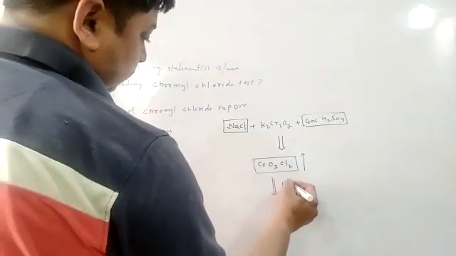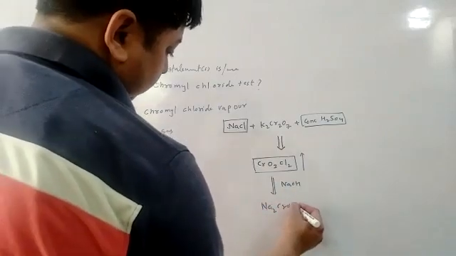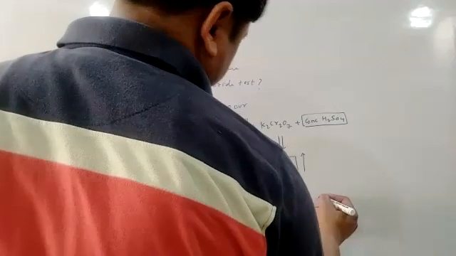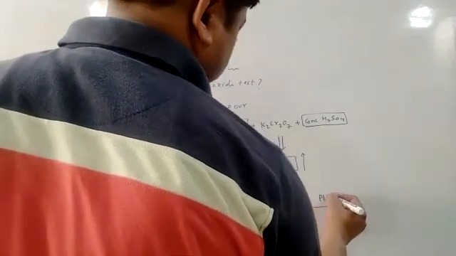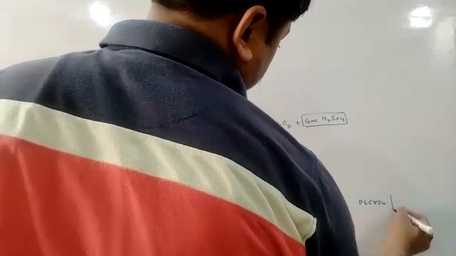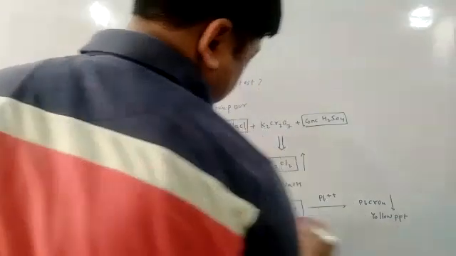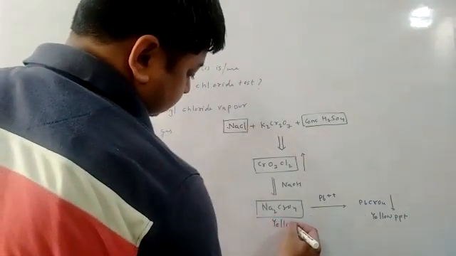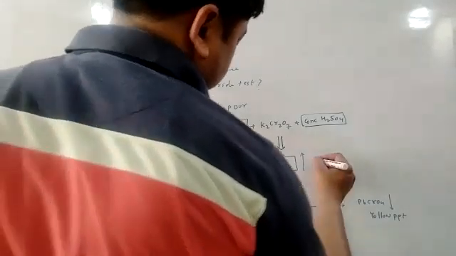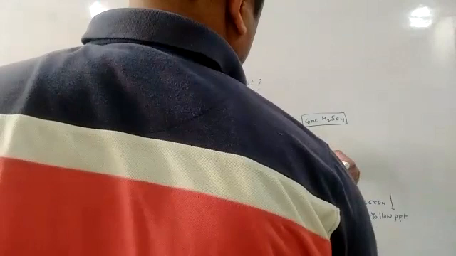On putting NaOH, it will produce Na2CrO4 yellow solution. And on putting Pb2+, it will give PbCrO4 yellow PPT. This is yellow solution, and this is orange red or reddish brown vapor.